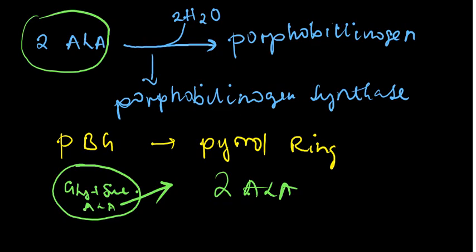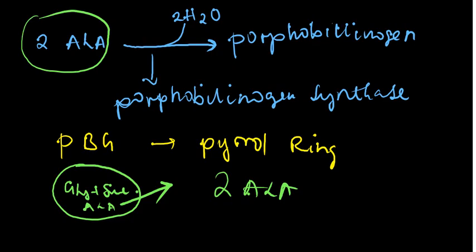Another thing to note about this stage is we have an enzyme that we call ALA dehydratase. This ALA dehydratase is a zinc containing enzyme, and because it has zinc, it's highly sensitive to heavy metals like lead. When there is lead, it can lead to the inhibition of this enzyme, ALA dehydratase.